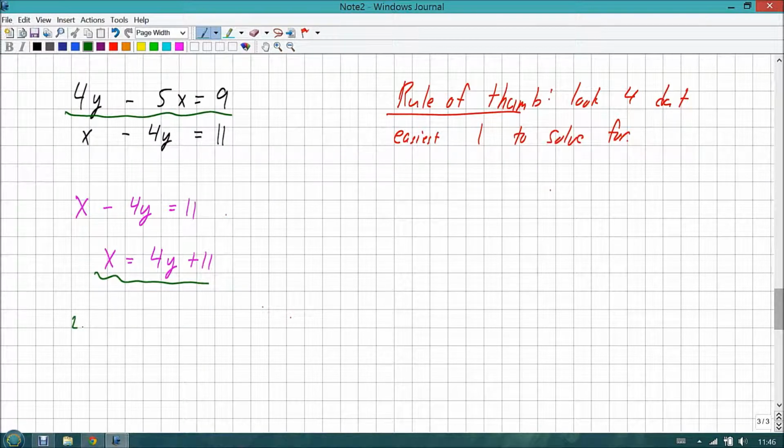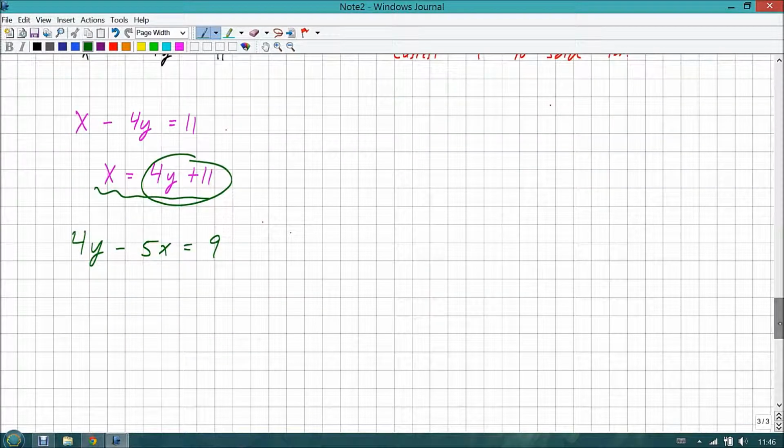So I have 4y minus 5x is equal to 9, but my x value is really 4y plus 11. So I plug that into my x variable, which is right here, which gives me 4y minus 5 times (4y plus 11) is equal to 9.